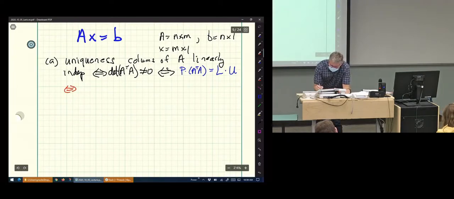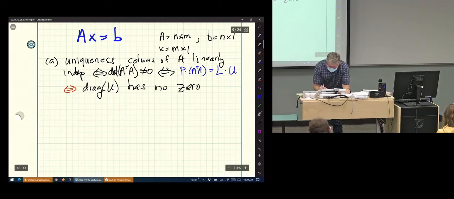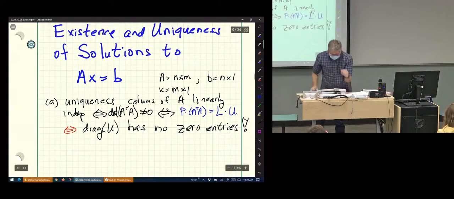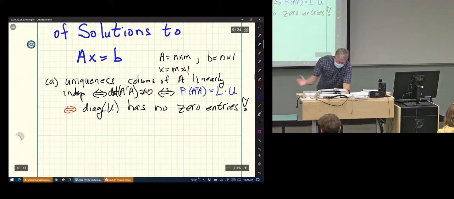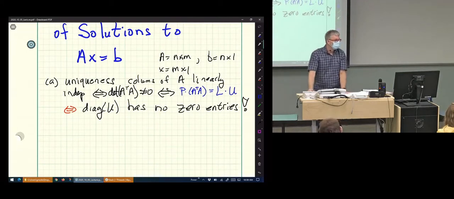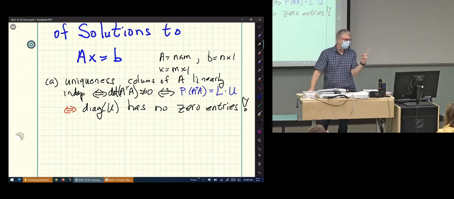So that's if and only if diagonal of U has no 0 entries. Okay, we don't know if a solution exists, but if it does exist, there's only one of them.